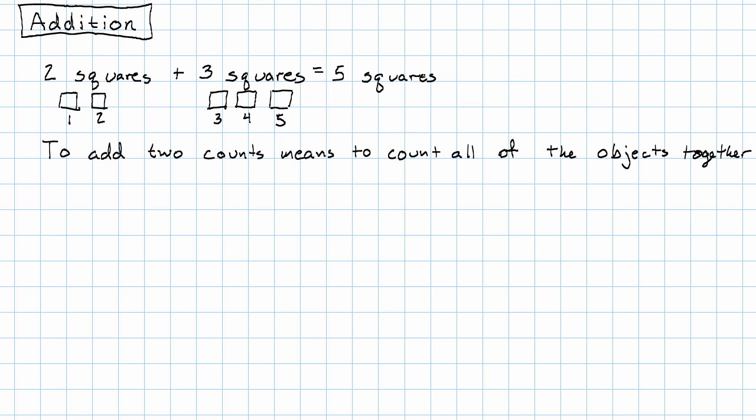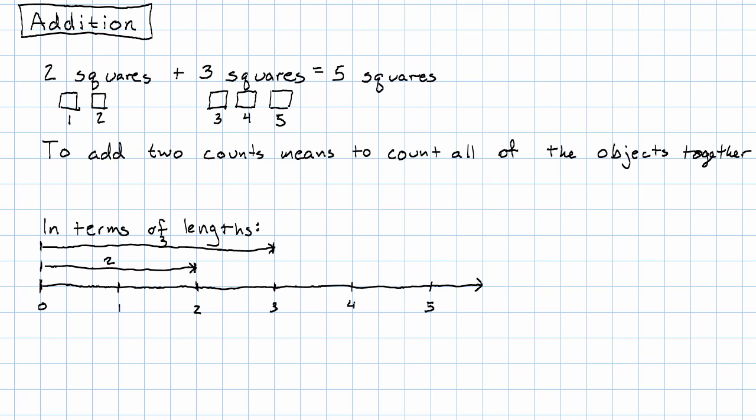If we think in terms of lengths, we see a different picture. So here I've drawn the lengths 2 and 3. How do we combine these to get 5? Well, this length 3 is going to be the same length no matter where I draw it.